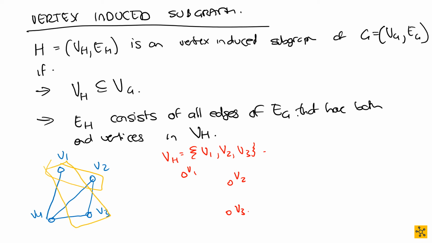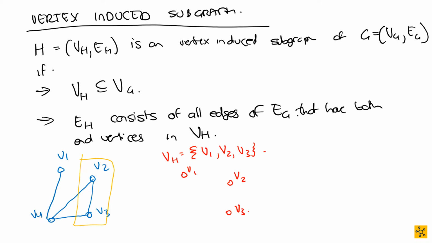There happen to be no edges between V1 and V3 in our original graph, so no edges take place there. And I'm just going to clean this up a bit. Then we go ahead and look at the edges for V2. So V2, when you look here, you have V2 and V4, and you have V2 and V3. But V4 is not in the new graph, so that one is not going to be included.